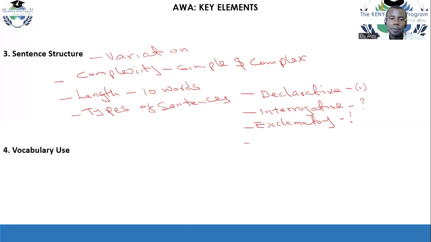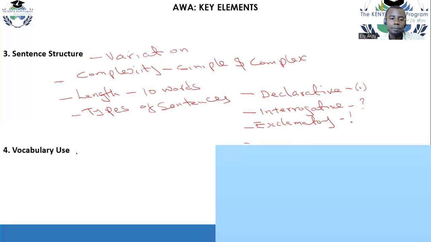Otherwise, if you stick to a certain sentence structure, that is, maybe you just stick to simple sentences of medium length and they are all declarative, your writing won't be that good. It won't be natural, and that will make you lose some points in your essay.